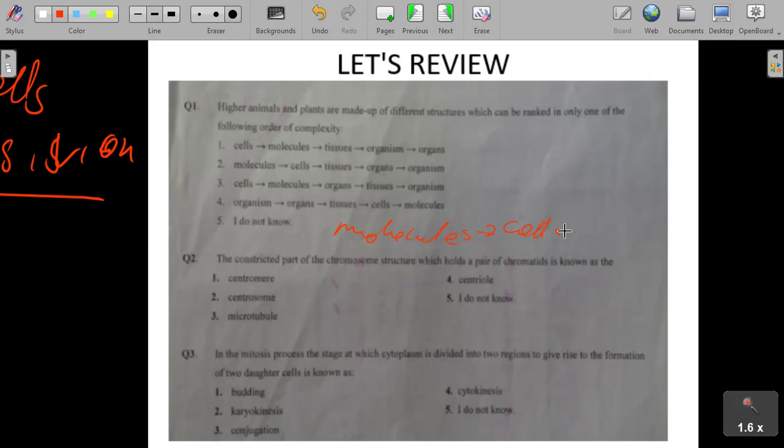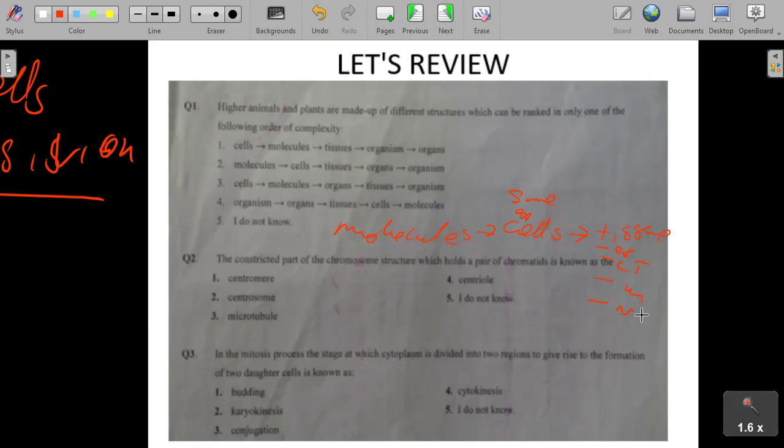Then the same types of cells are grouped together to form what we call a tissue. You have four types of tissues: the epithelial tissue, connective tissue, muscle tissue, and also nerve tissue.